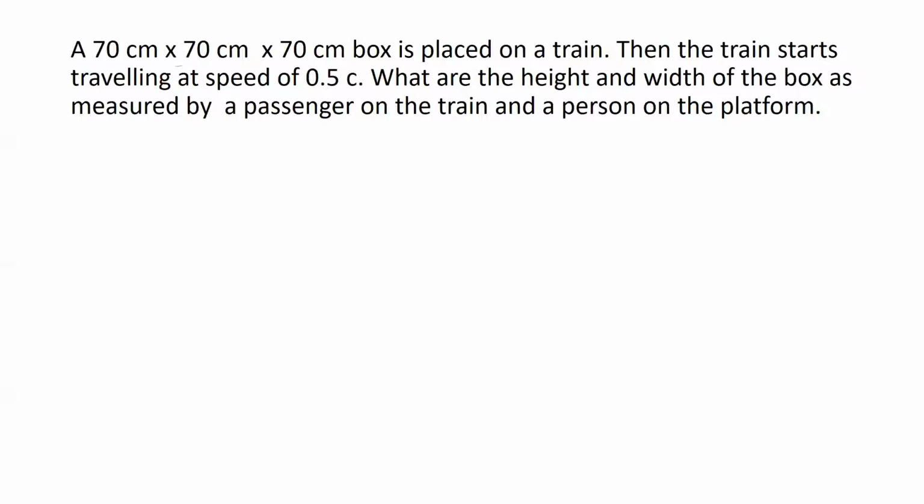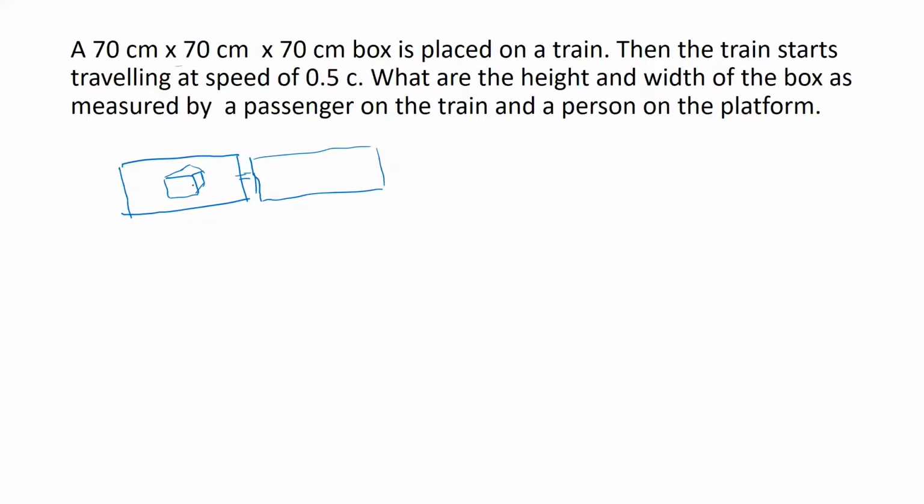So as you can see in the question, we have a box on a train. Let's say this is our train, and with my drawing, that's terrible, and this is a box inside, and our box in all dimensions is 70 centimeters.